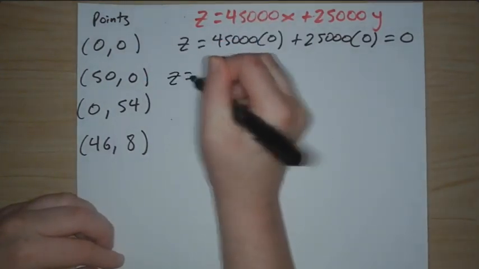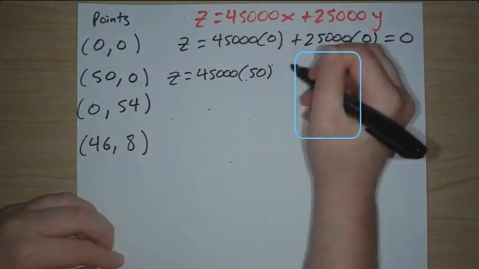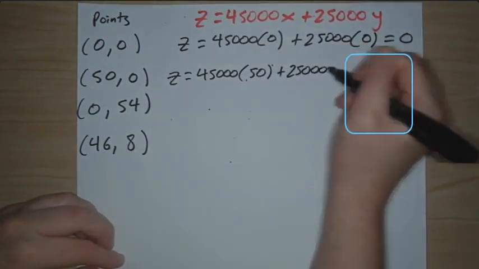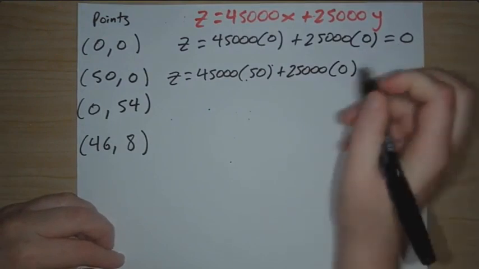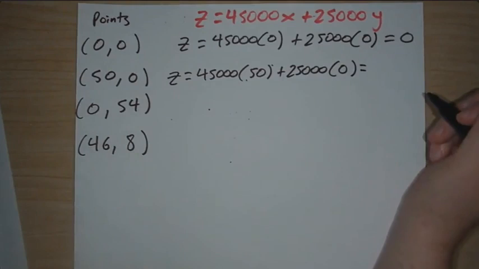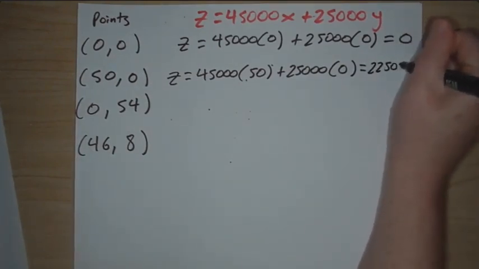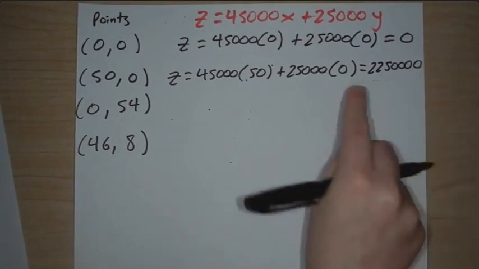For our next one, we have z is equal to 45,000 times 50 plus 25,000 times 0. Once we plug it into our calculator, it's going to be equal to 225,000, quite a big number.